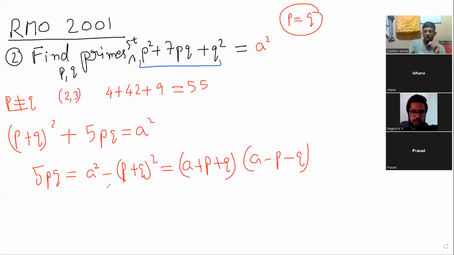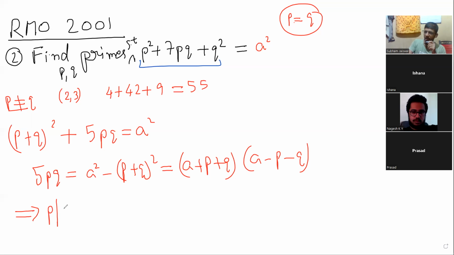What can we say from this? Some different idea came. I'll try that. Okay. But what can we say from here? You notice that P has to divide the right hand side. Is that right? Yeah. P has to divide the right hand side.